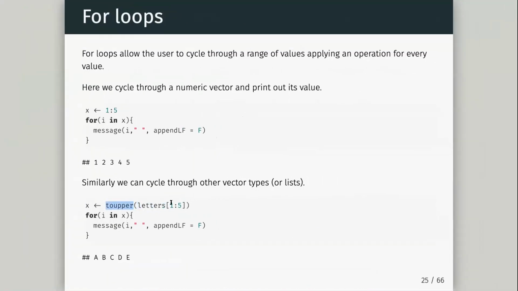I've made them uppercase. I've just taken the first 5 letters of the alphabet. Effectively, letters will return the alphabet, and it'll just allow you to work. So here I've just taken the first 5. I'm going for I in the first 5 letters of the alphabet. Message, you can see.